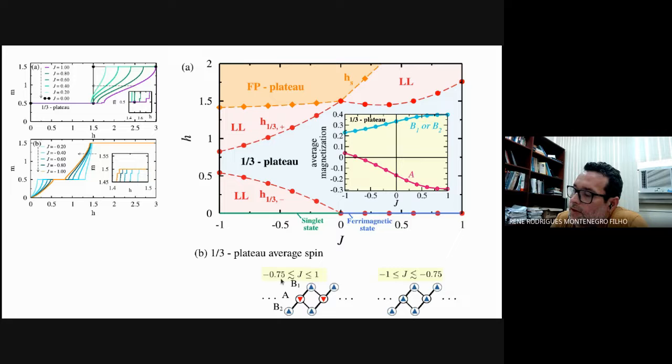We have, down to this value, a ferrimagnetic order, but if we continue to reduce the value of J, here we have a ferromagnetic polarization of the unit cell spins. All the gapless phase is a Luttinger liquid phase. And we have here the fully polarized plateau that is also gapped.